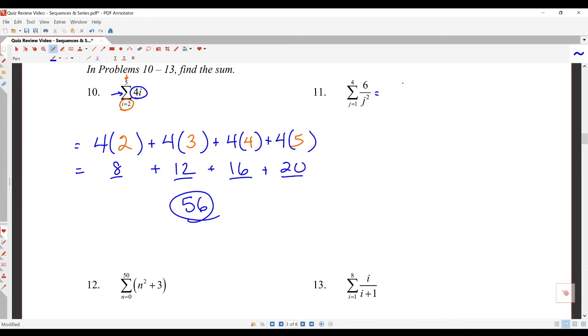So here in number 11, we're going to plug in 1 first, and then we're going to go all the way up to 4. So if I plug in 1, I get 6 over 1 squared plus 6 over 2 squared plus 6 over 3 squared plus 6 over 4 squared.